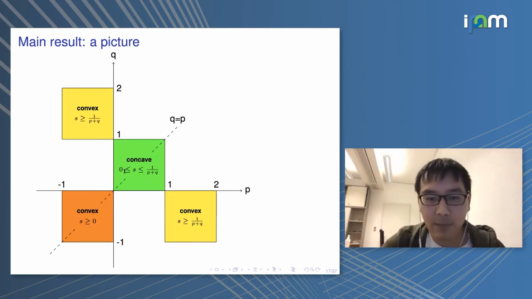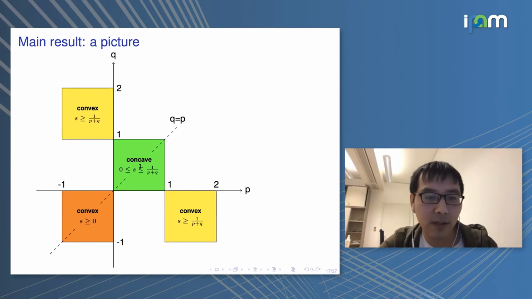To understand this picture, let's have a look at this green region, for example. Suppose that P and Q are between 0 and 1, and S is between 0 and 1 over P plus Q. Then the corresponding trace function psi PQS is jointly concave, and otherwise it is not jointly concave.